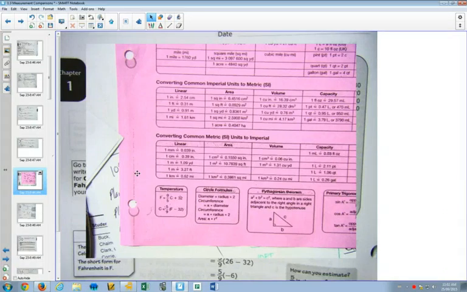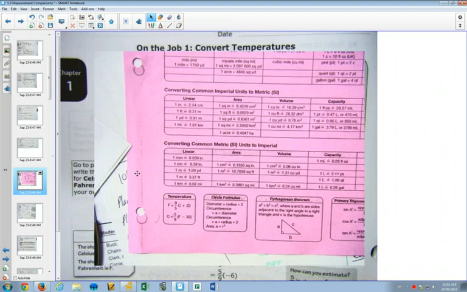One of them says F equals, for Fahrenheit equals, and one of them says C equals, for Celsius equals. Maybe you want to put a note on your formula sheet for the one that says F equals.